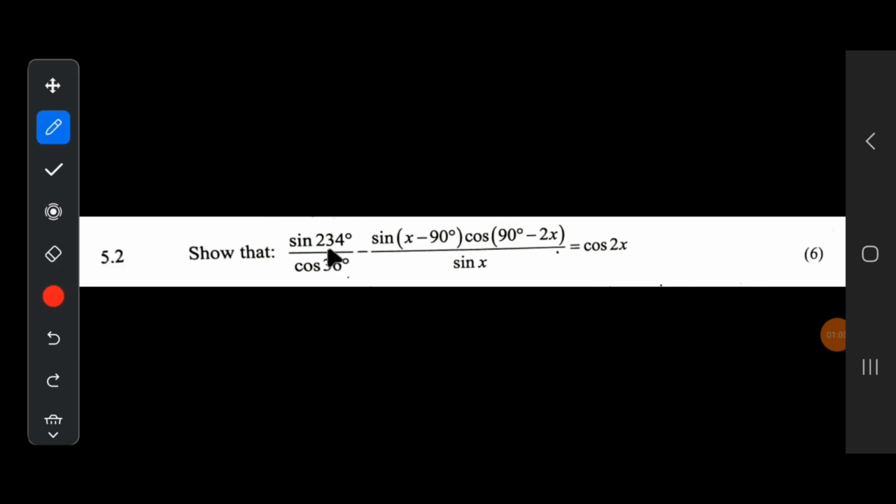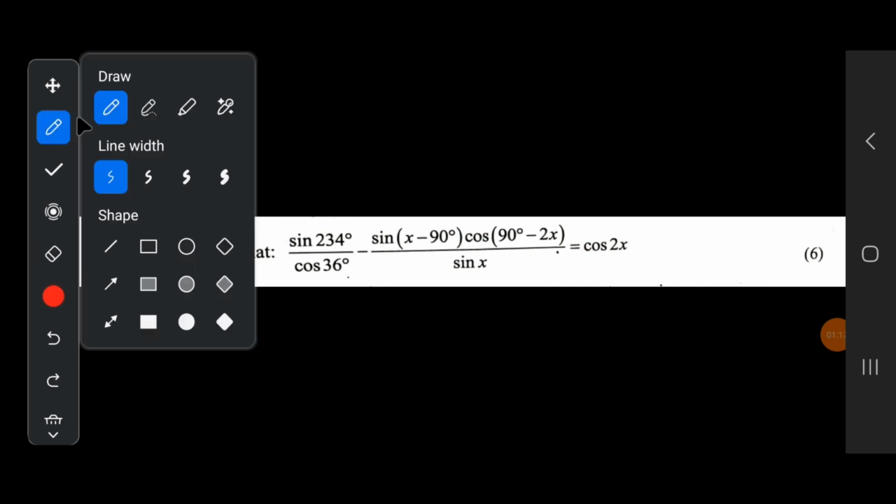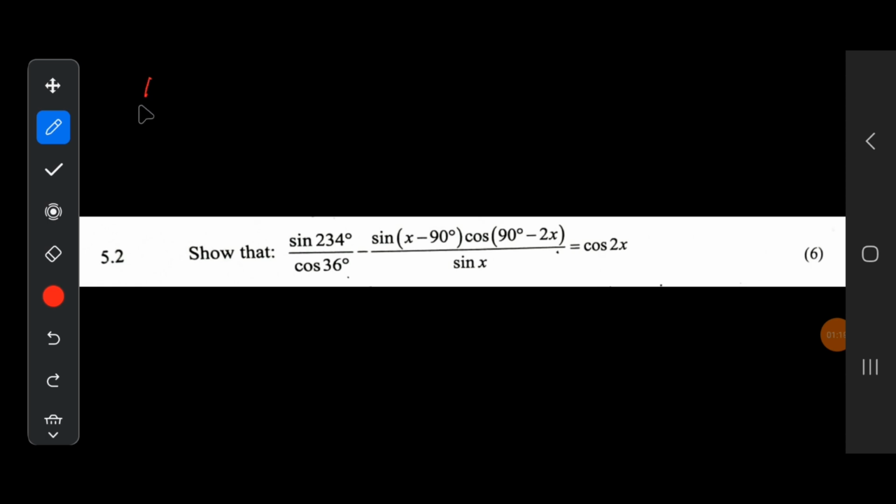Since it is a ratio over another ratio, or let's just say a fraction over another fraction, we find the LCD first. Let's say maybe it's 1 over 2 minus 3 over 2, the first thing you do is you cross multiply.